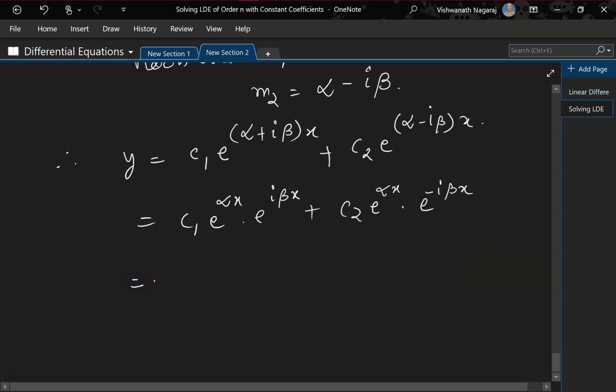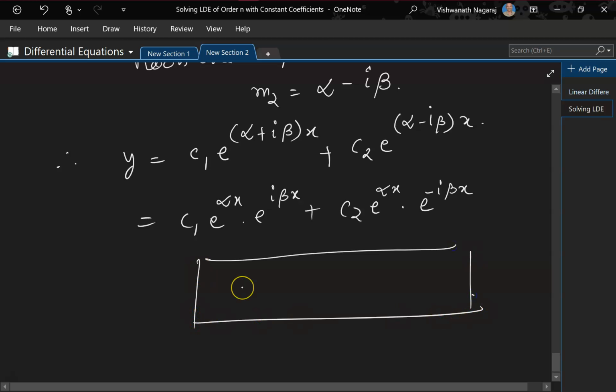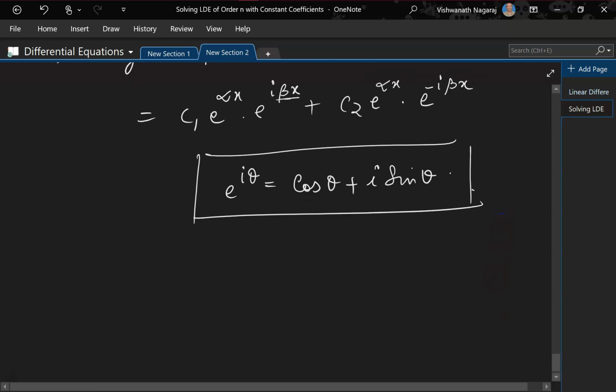Now we have to remember a particular identity to take it further, and the identity says e to the power of i theta is equal to cos theta plus i sin theta. So here in our case, this is theta. So based on this, let's expand it.